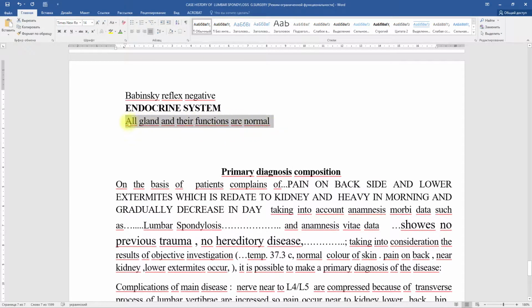You may say, for example, that you don't find some pathology of his thyroid gland during palpation, or that he has no Cushingoid signs. This gives us a small clue that maybe his adrenal glands are normal, but you can't be absolutely sure using only physical examination.